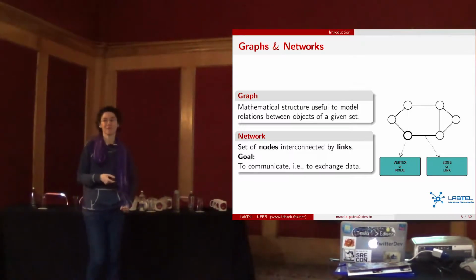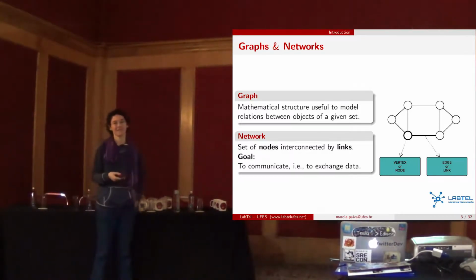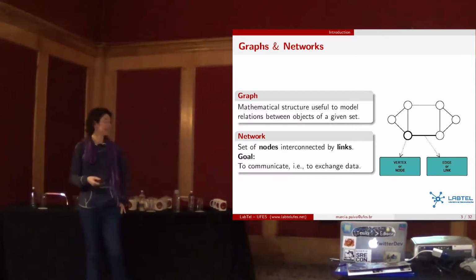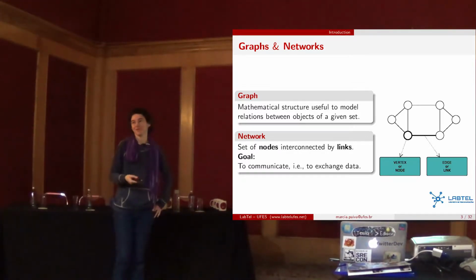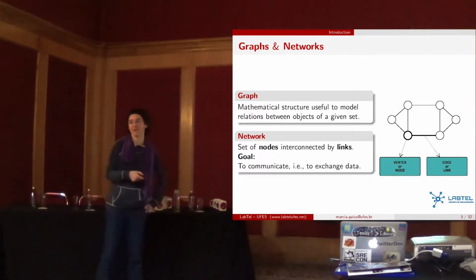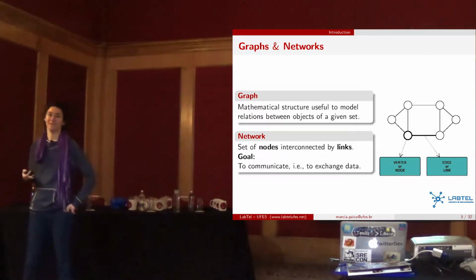In the case of telecommunications, our goal with this model is to communicate, that is, to exchange data. So we have here the vertices or nodes, and the links that represent the relationships between the nodes.